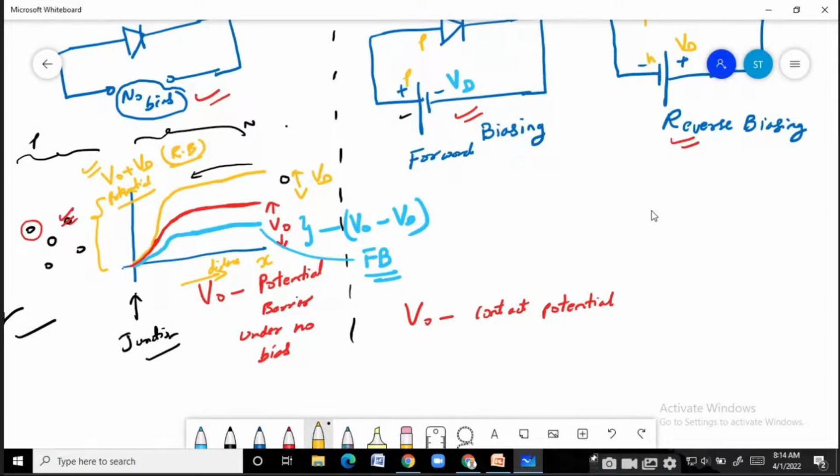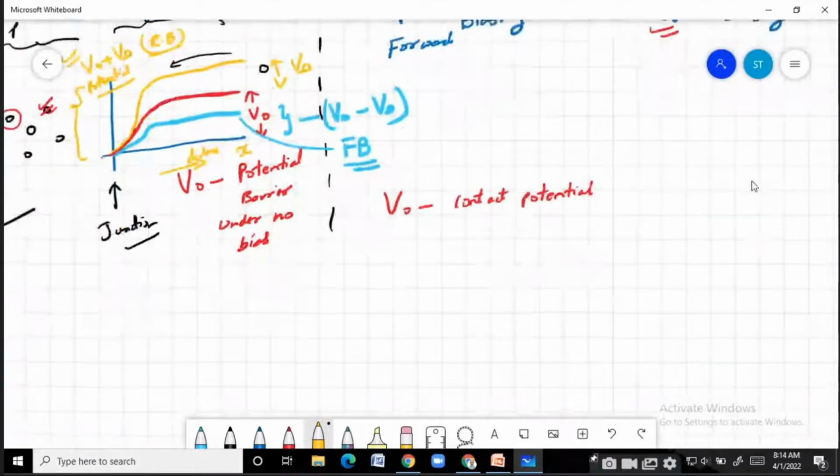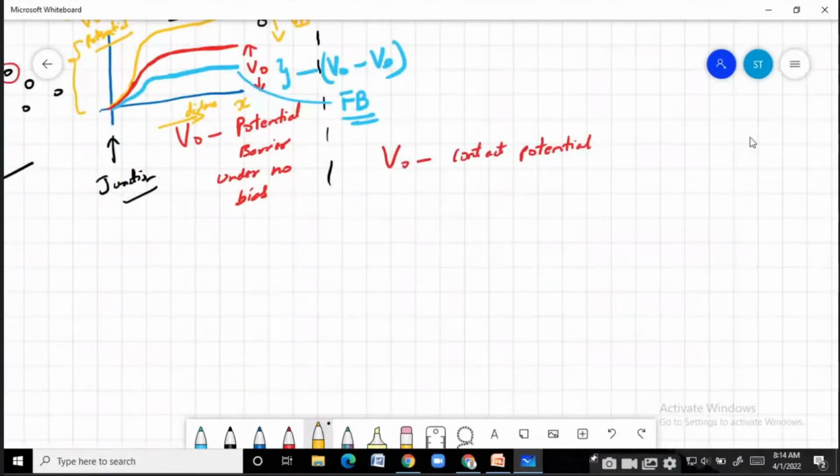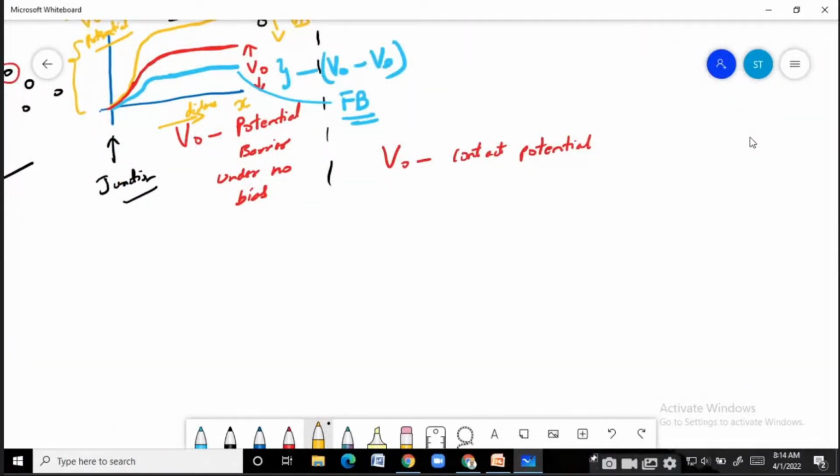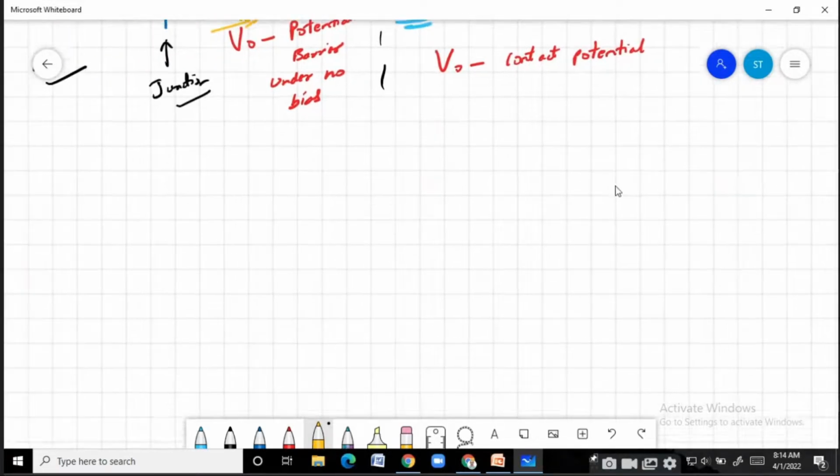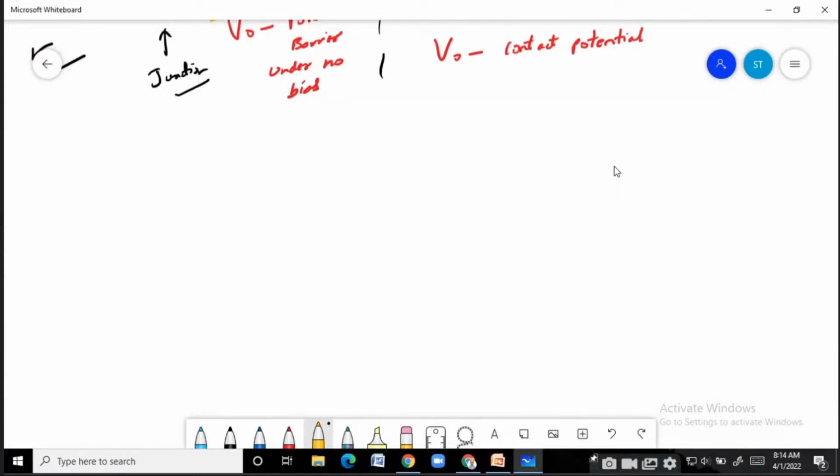So when you reverse bias the diode, a small current would still flow, and that current is due to the minority charges. So if you know what biasing, forward biasing and reverse biasing are, then you can easily look at the current versus voltage characteristic of a diode.